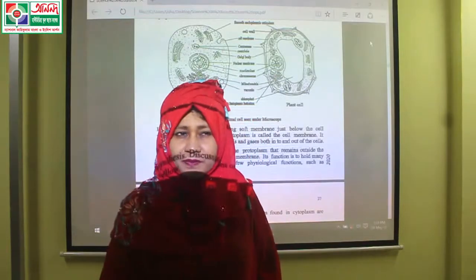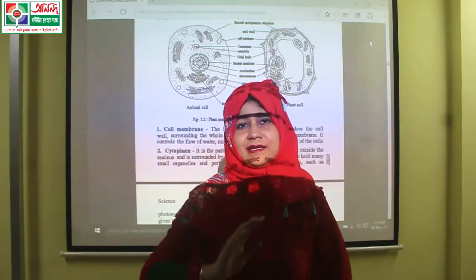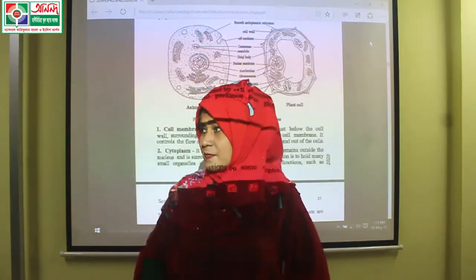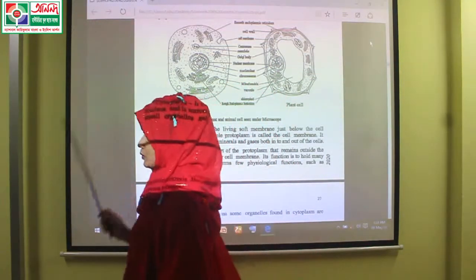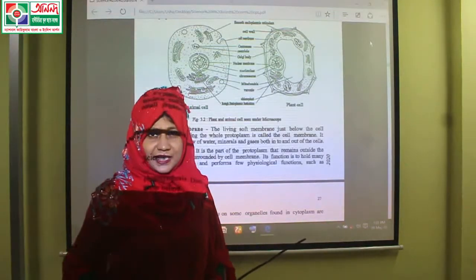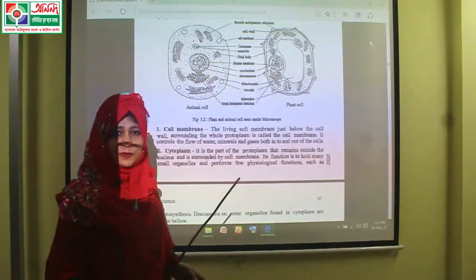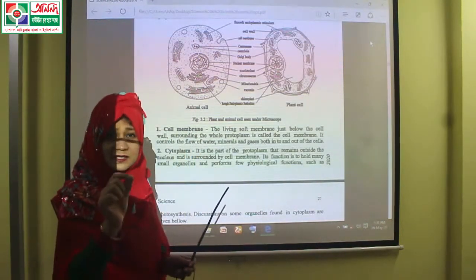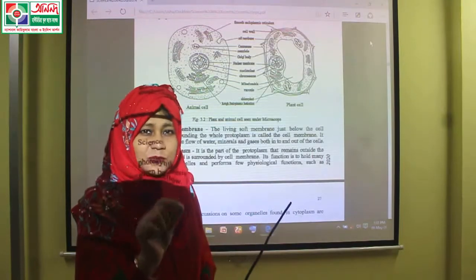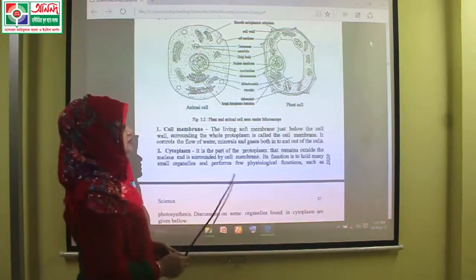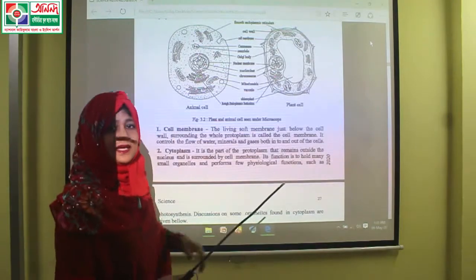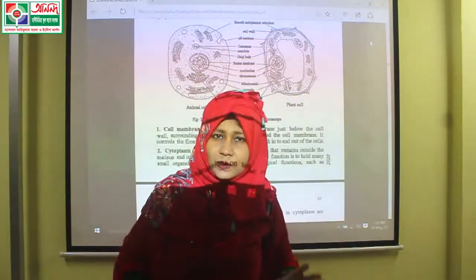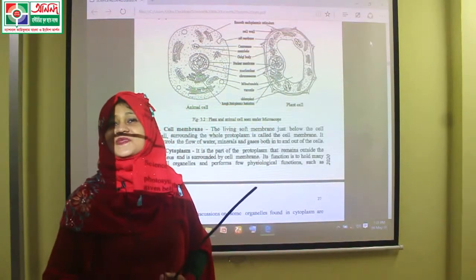There are two types of endoplasmic reticulum. One is smooth and another one is rough. Which one is smooth and which one is rough? In the rough endoplasmic reticulum, there are some dot-like structures. Actually, these dot-like structures are ribosomes. These are not smooth, these are rough, because dot-like ribosomes are present on the surface of the endoplasmic reticulum, and in case of smooth endoplasmic reticulum there is no ribosome.